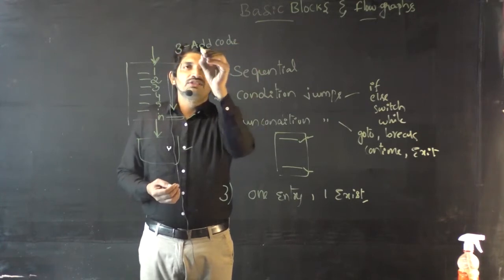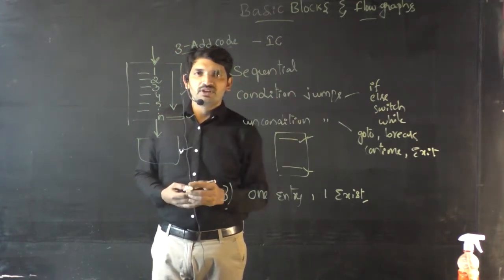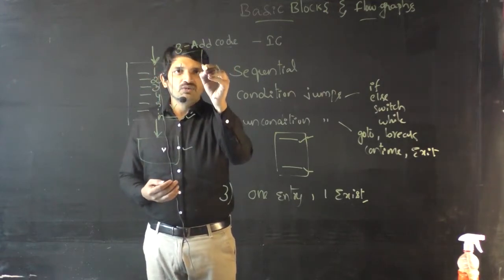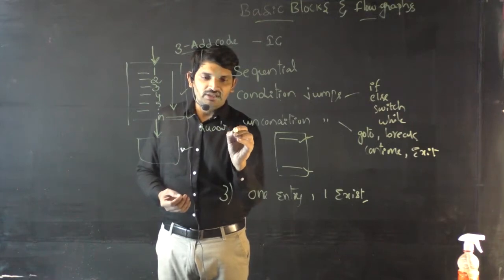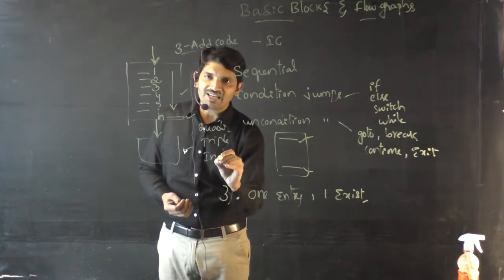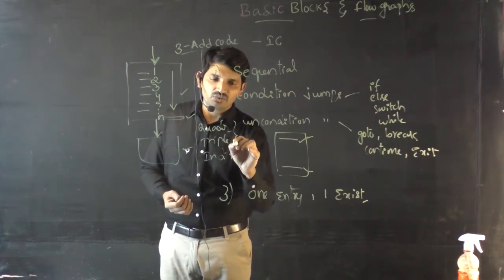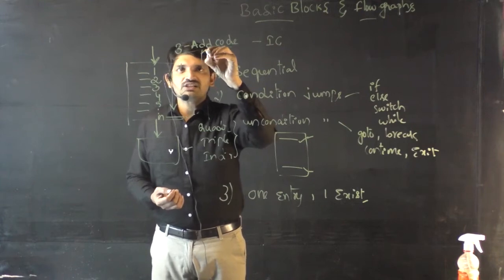All the code in the basic block must be in the form of 3 address code. We know that 3 address code is one form of intermediate code, and it can further be represented as quadruples, triples, or indirect triples. That means we can represent 3 address code in 3 different forms. So the basic is 3 address code.